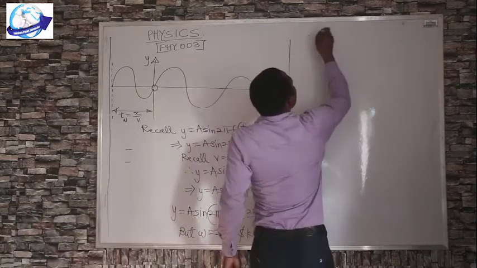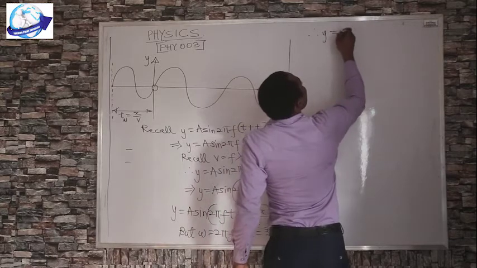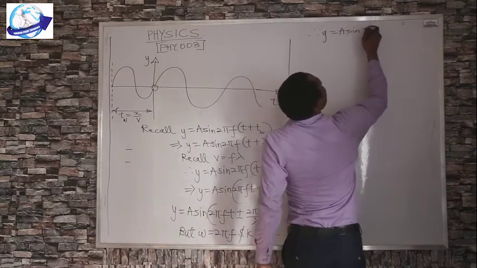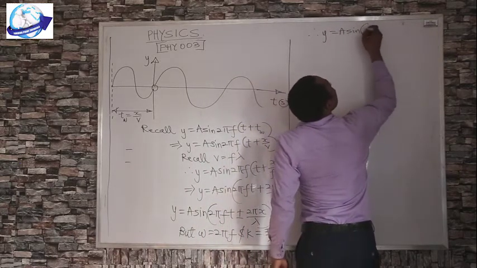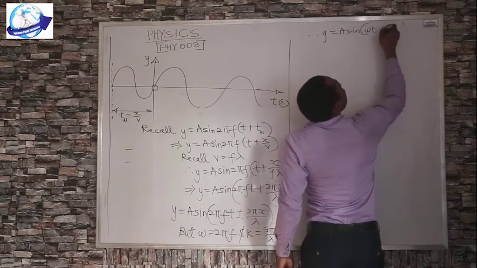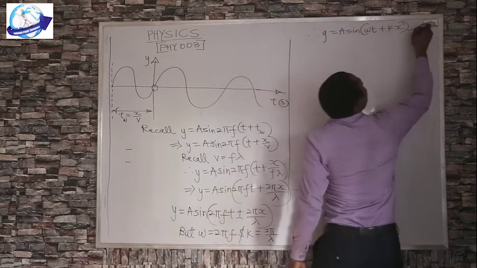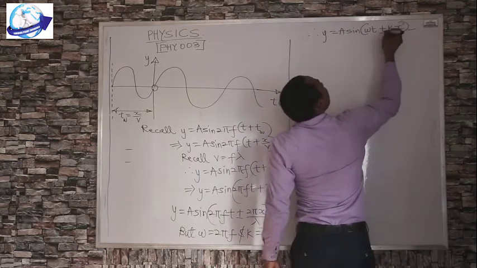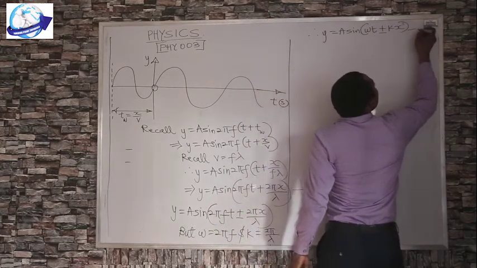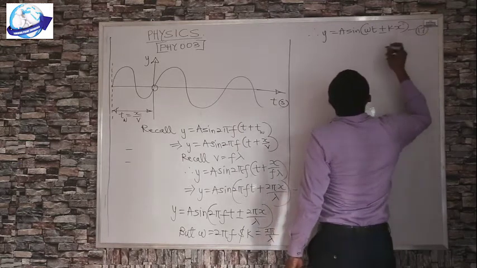Therefore, y is equal to a sine open bracket omega t plus kx. That is another wave equation we have, and we can say plus or minus kx. We call this equation 17.